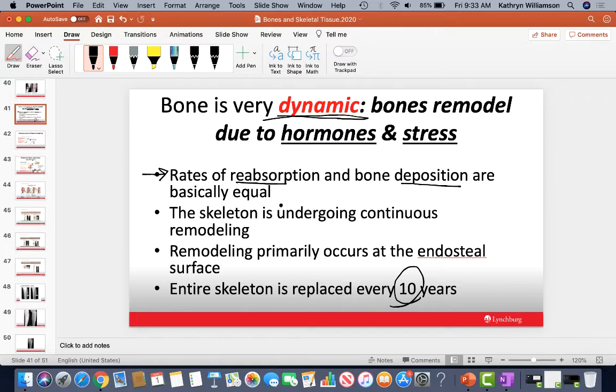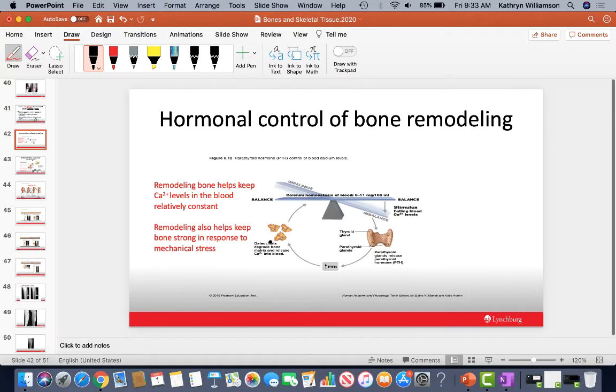The skeleton is continuously remodeling, and typically we see remodeling occurring at the endosteal surface, so kind of that interior surface of breaking down and building up.